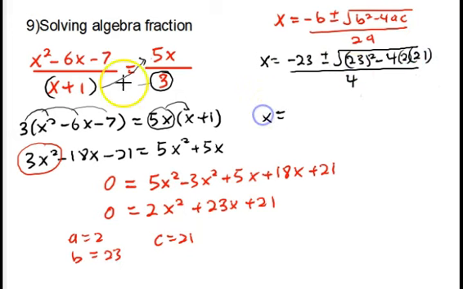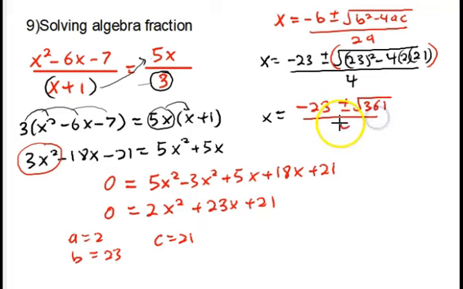First we have to solve the part inside the square root. So we get negative 23 plus minus the square root of 361 divided by 4. At this point we simplify this, so x equals negative 23 plus minus 19 over 4.